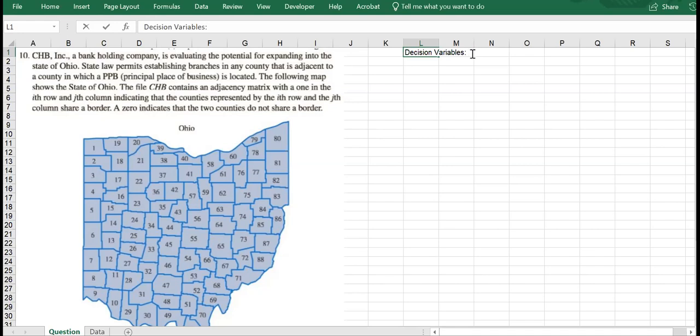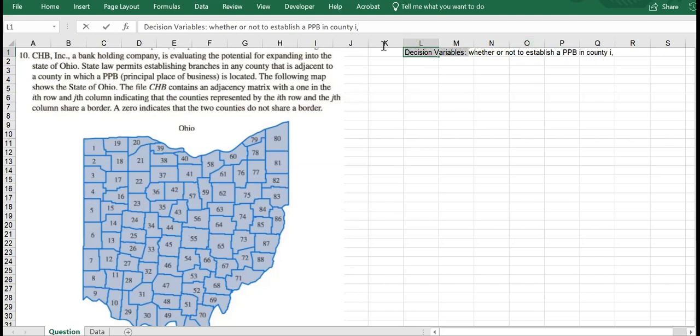In which counties, the decision variables, whether or not to establish a PPB, or principal place of business, in county i. So they have to make this decision 88 times. For every single one of them, they need to decide whether or not to establish a PPB in this county, right?